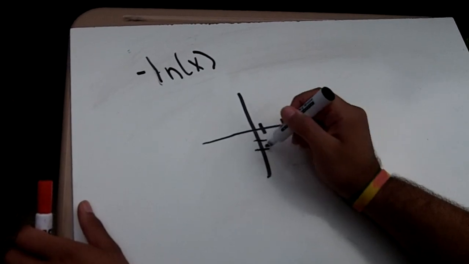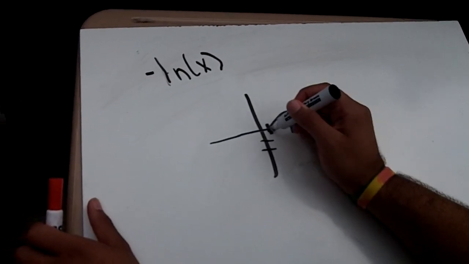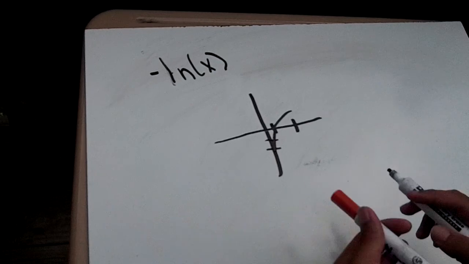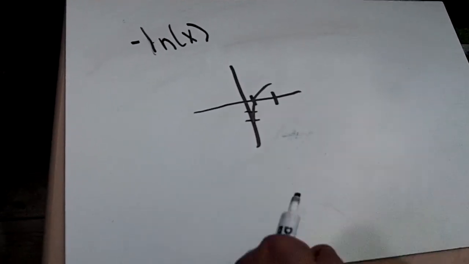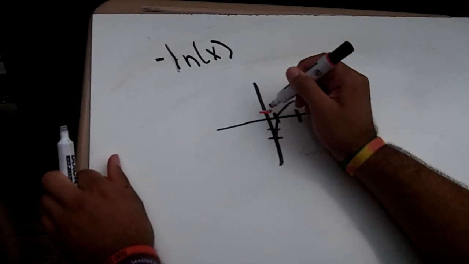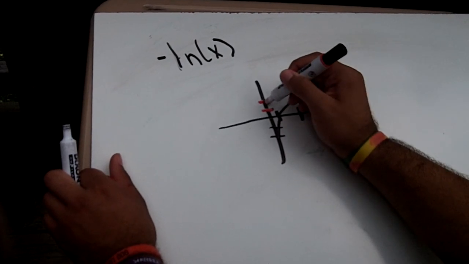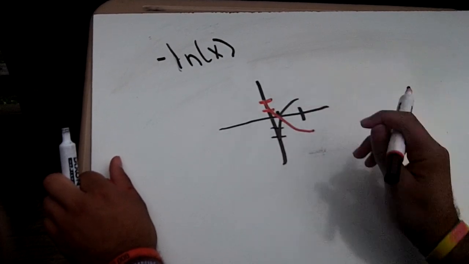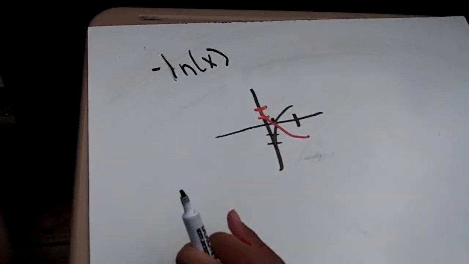So this right here is what it looks like originally. And then once you flip it over the x-axis, that's what it's going to look like after you flip it.